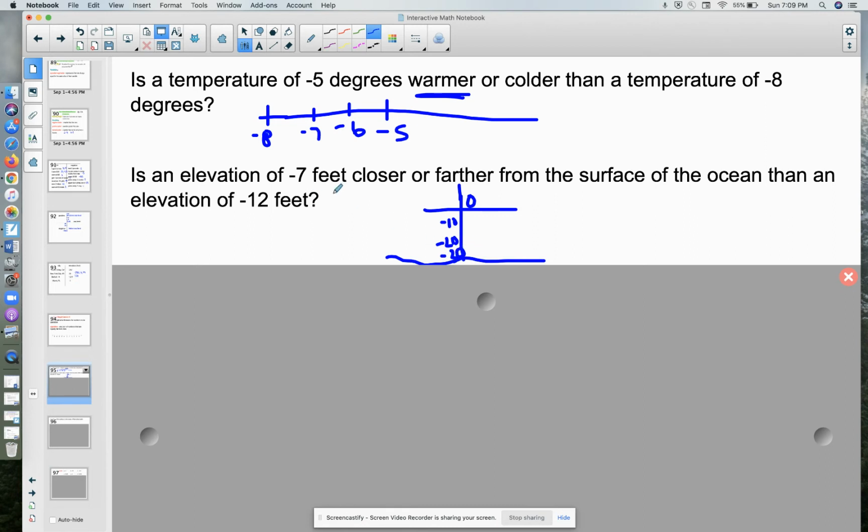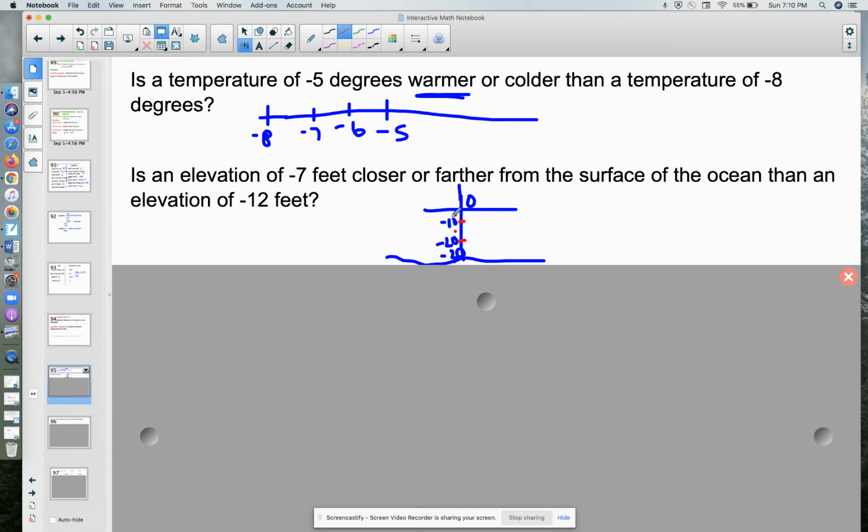Is elevation at negative 7 feet closer or farther from the surface of the ocean? This is the surface of the ocean. Okay, we're not talking about sea level. So negative 7 would probably be over here. Negative 12 would be over here. Okay, because here's negative 10. So here's negative 7 and here's negative 12.